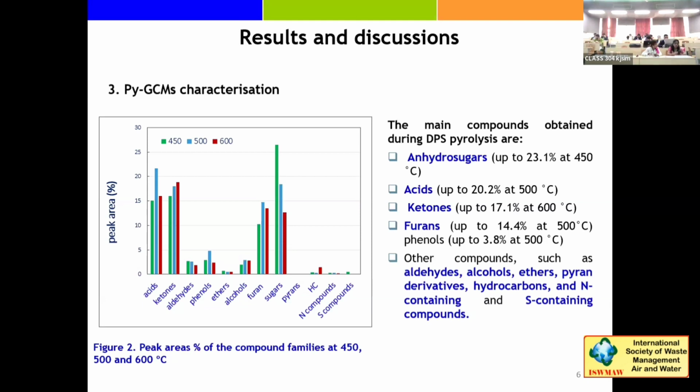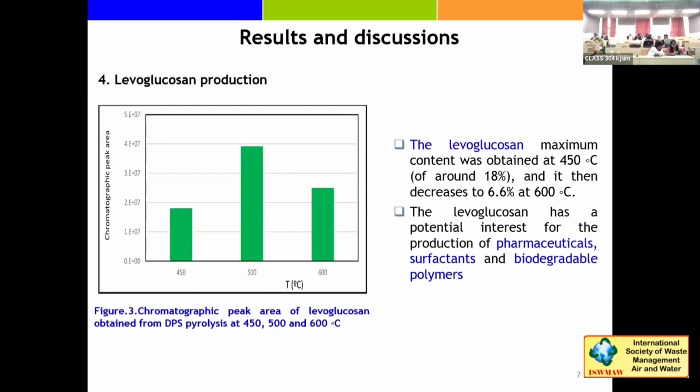Moving now, within the family of anhydrous sugars, levoglucosan is the compound with the highest concentration. Its maximum content was obtained at 450 degrees, around 18%, and it then decreases to 6% at 600.